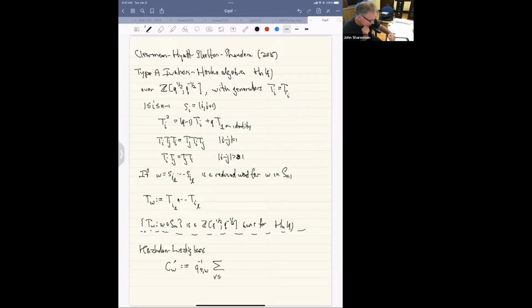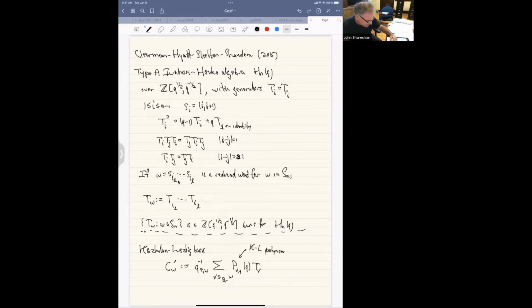And you sum over all the v's that live below w in the Bruhat order. In other words, some reduced word for v is a subword of some reduced word for w. Some polynomial in q, T_v. These are called Kazhdan-Lusztig polynomials.